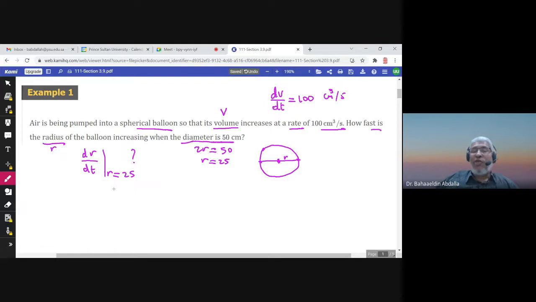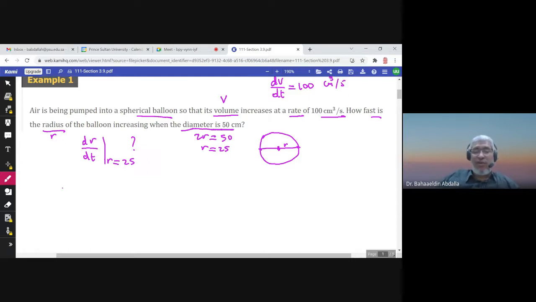Good. How to solve the question? We need an equation that relates the volume to the radius. This is a sphere, a spherical balloon. So what is the volume of the sphere? Well, the volume of the sphere is given by 4 over 3 pi r to the power 3.